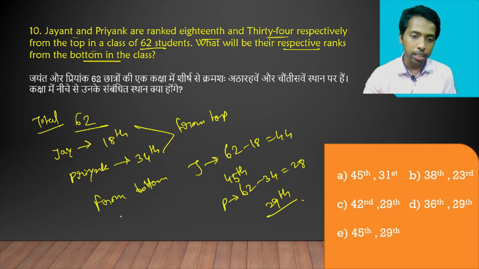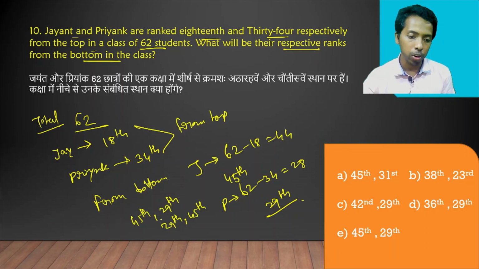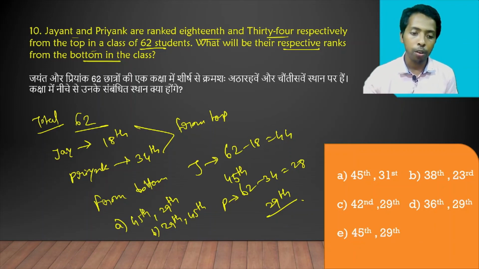Now I am saying that it's talking about the respective ranks. So in one option it's given 45, 29. I am not talking about other options, but without taking much possibility here, this is the first option, this is the second option. Anyway, there are 5 options given, but if these are the 2 options given, then people may find it difficult to answer. 45, 29.